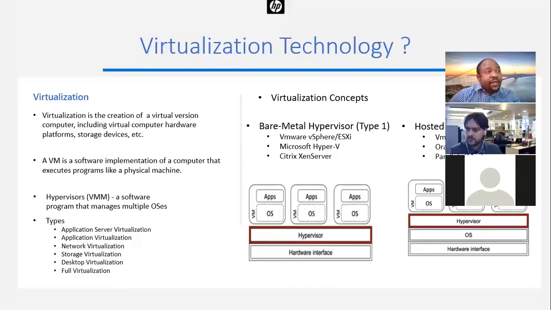So these are the three key things related to virtualization: the virtual machine itself, the hypervisor, and what we call the guest operating systems.